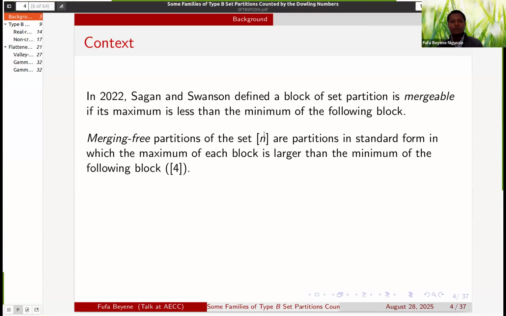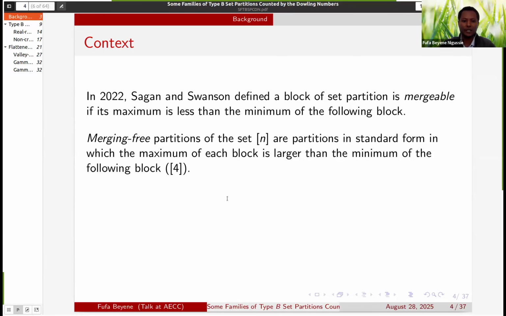So merging free partitions are partitions in which there is no mergeable block. We have already studied this class of partitions in our previous work, and the other way of looking at merging free partitions is the one that Olivia and the others have been studying, which we call unsorted permutations. I think she was talking about this topic last time.